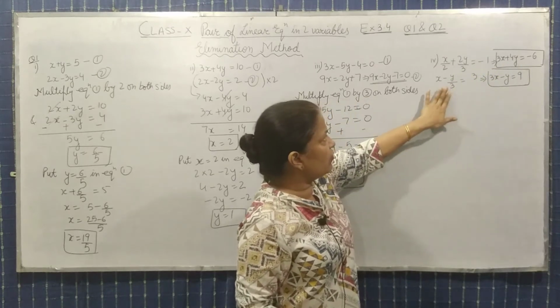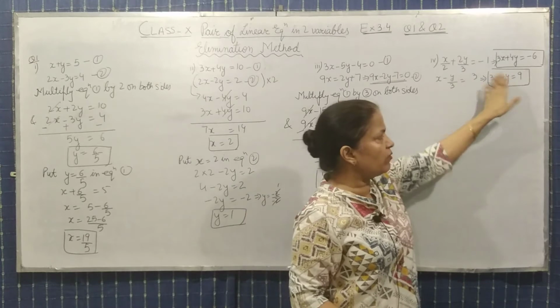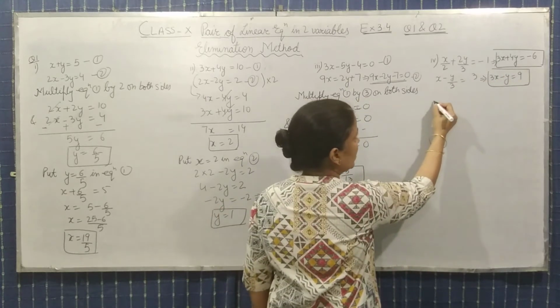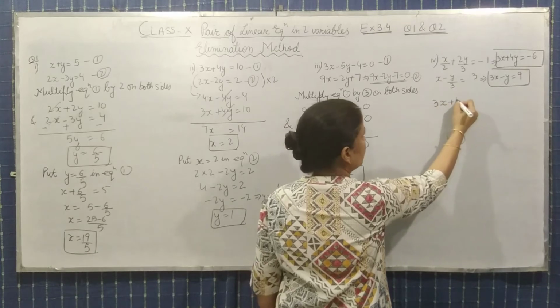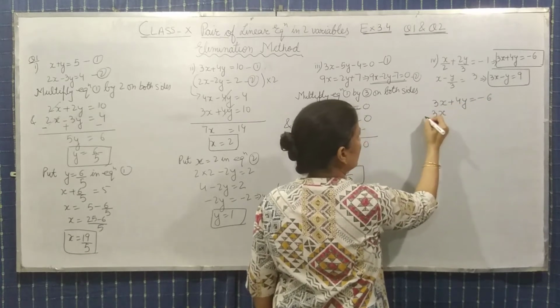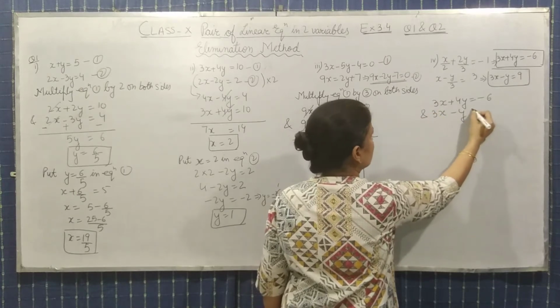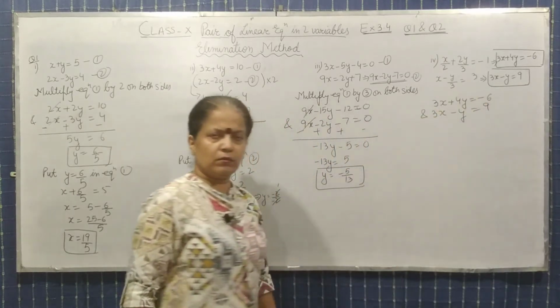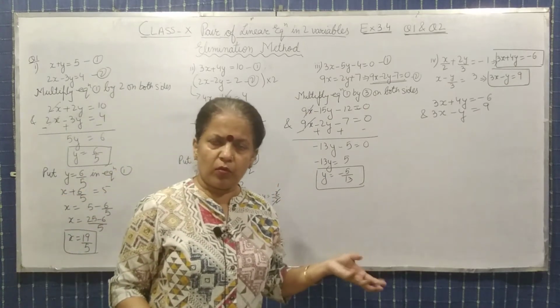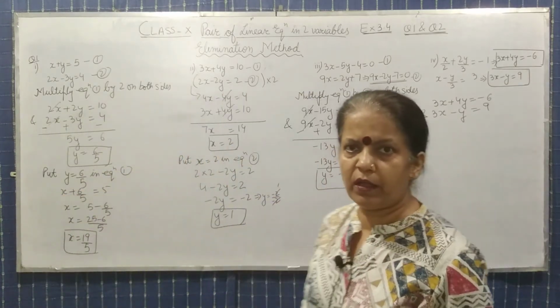And here also, if you will take its LCM and then solve it, cross multiply, you will get this equation. तो अब आपके पास देखिए क्या इक्वेशन बन रही है? 3x plus 4y equal minus 6. And here second equation you are getting it this one. Now observe it. क्या हमें किसी इक्वेशन को मल्टीप्लाई करने की जरूरत पड़ रही है?